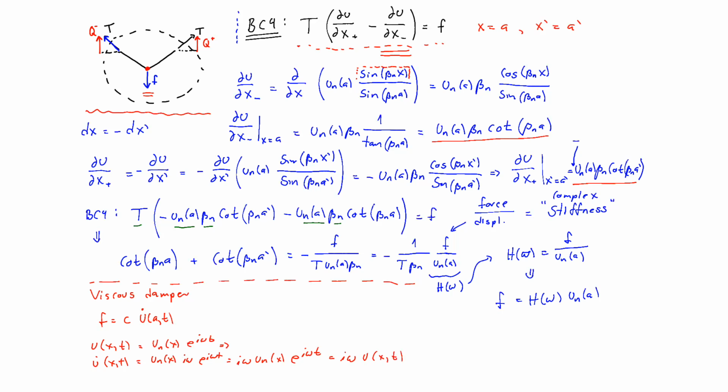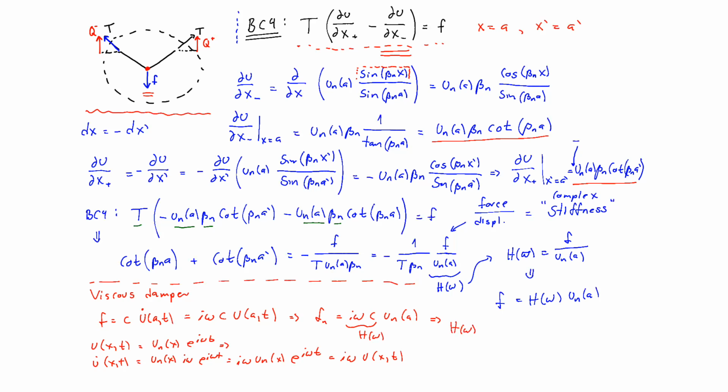Therefore, we can get rid of the dot by multiplying with i omega, like this, and that means that the damper force with its amplitude Fn is then given as i omega c un at A, and this defines h omega.